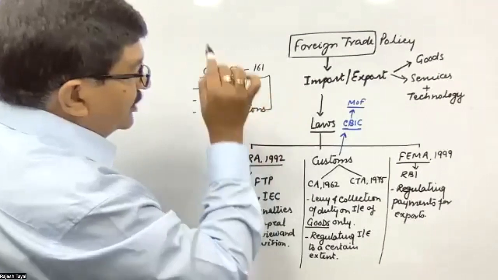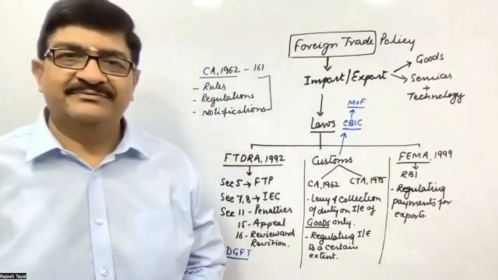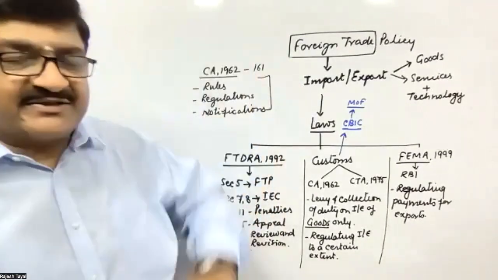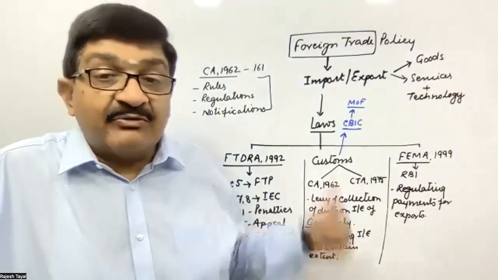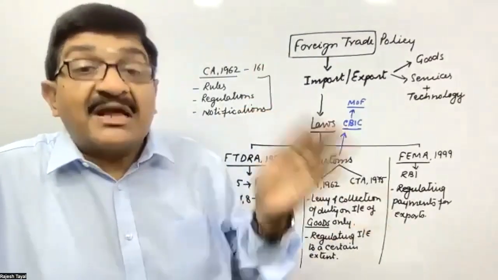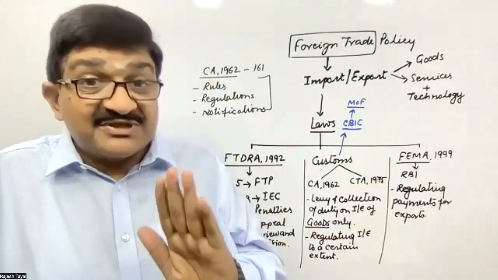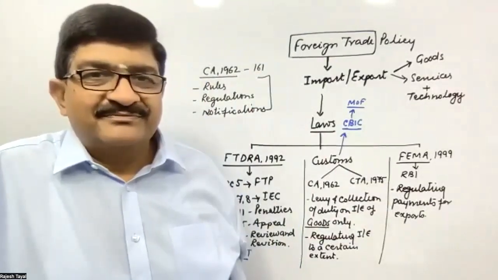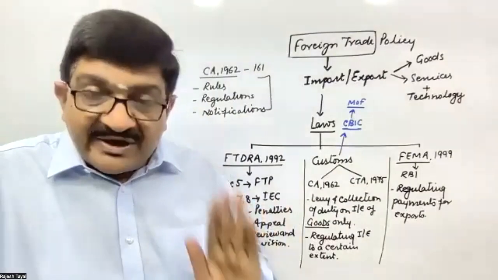These things will take more time than the act itself. Completing the act itself takes around 40 to 50 lectures, then rules, regulation, notification, another 40 lectures in customs itself. Very wide and in depth.